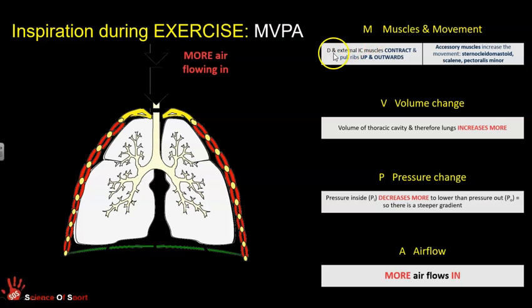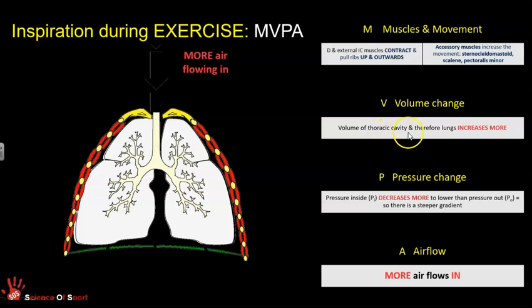So, when we breathe in, our diaphragm flattens as normal. Our external intercostal muscles contract as normal, pulling our ribcage up and out. But also, we have these accessory extra muscles to assist us and increase the size of that movement. So we've got sternocleidomastoid, scalenes, and pectoralis minor. Now, they help increase the volume of this chest cavity even more. And you need something that denotes it being even more than at rest.